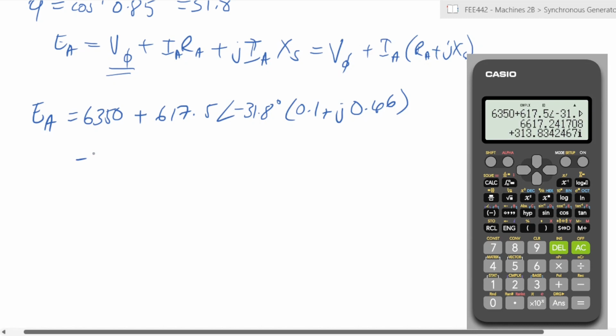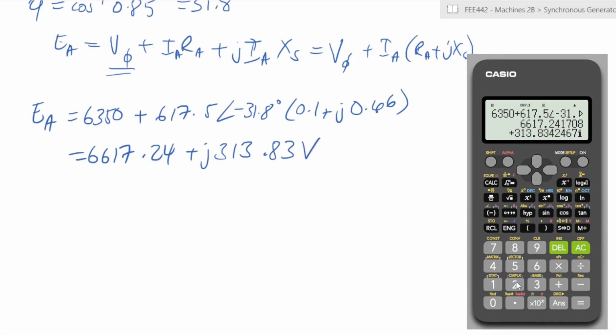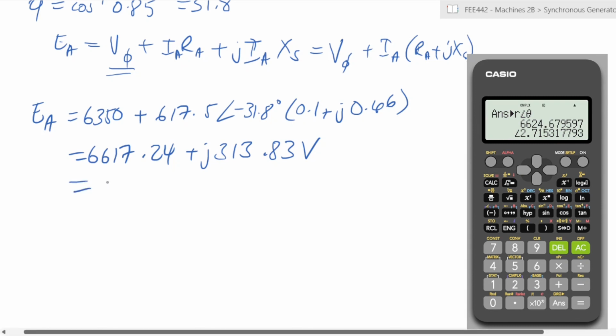And that is 6617.24 plus J313.83 volts. Convert that into polar form, that is equal to 6624.68 at an angle of 2.7 degrees.